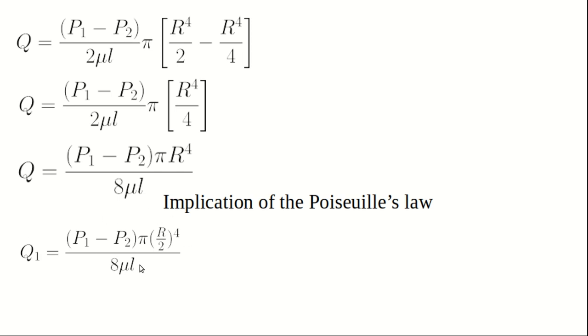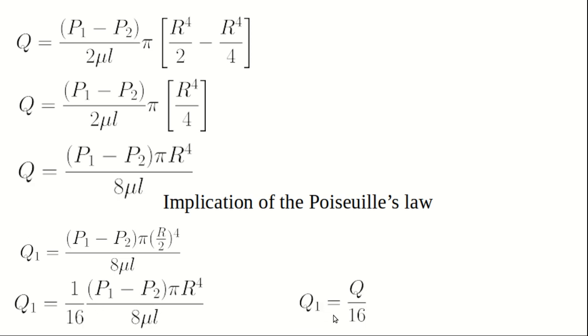So if we simplify this one, it gives us 1 over 16, because this 1 over 2 raised to the power 4 is 1 over 16. It comes out, then leaving this part. And we now know that everything here is Q. So in that case, we now have our new Q1, which is equal to the old Q divided by 16.